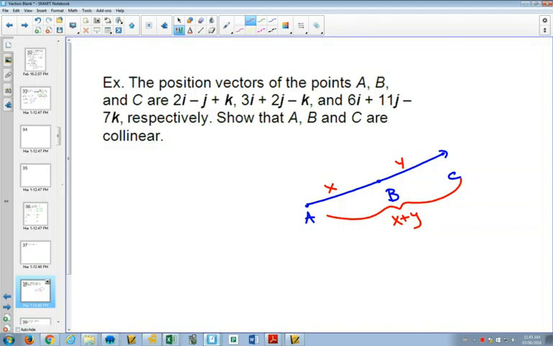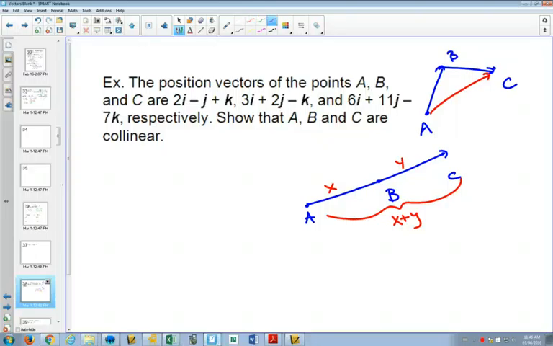Because if they weren't in a straight line, can you see that it would be much longer to go from A to B and B to C than it would be to go directly from A to C? But if they are in a straight line, then that distance needs to be the same. Okay? So that's one way that we could look at this.